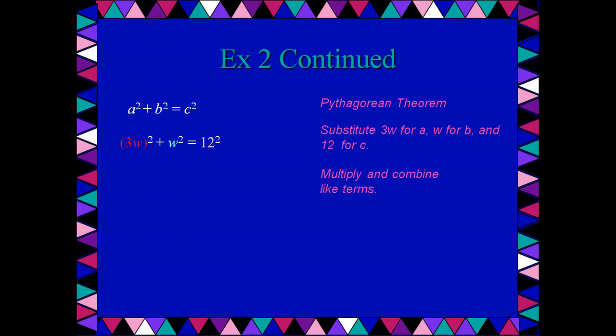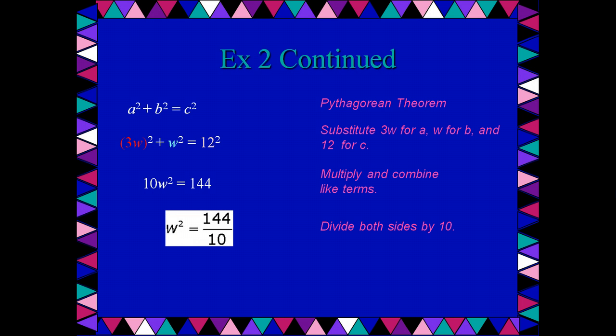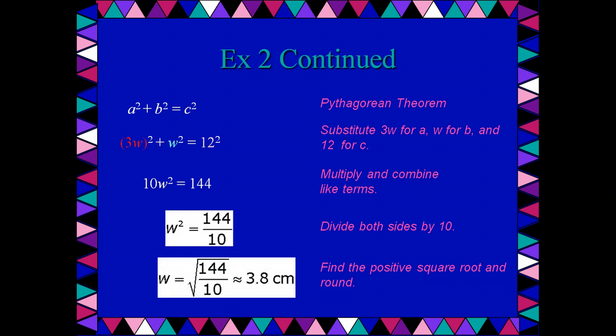Multiply and combine like terms, we get 10W squared equals 144. Divide both sides by 10. W squared equals 144 over 10. Find the positive square root and round. W equals the square root of 144 over 10, which is about 3.8 centimeters.